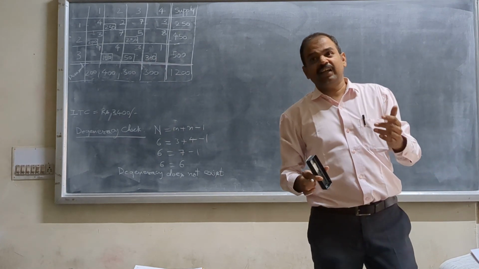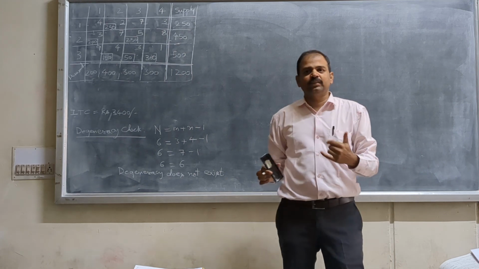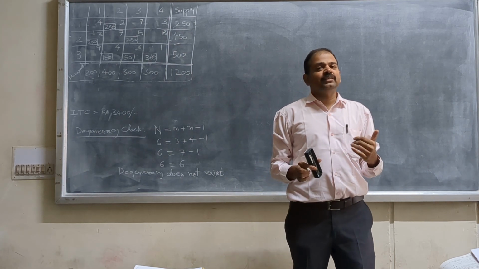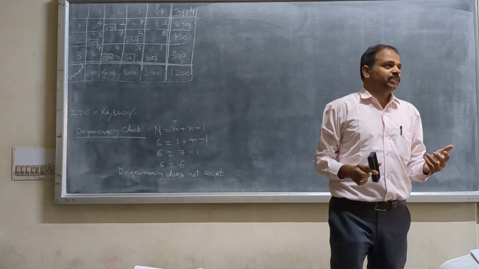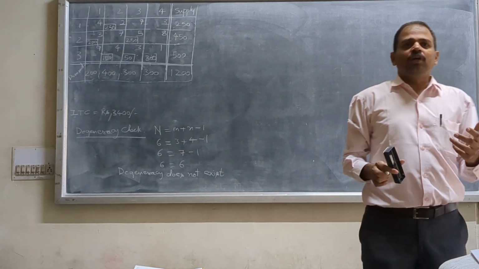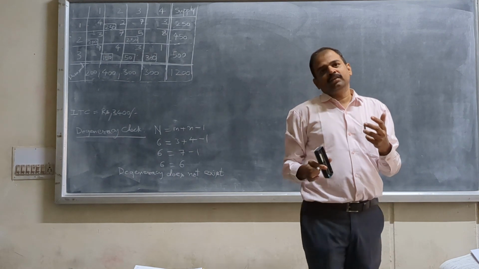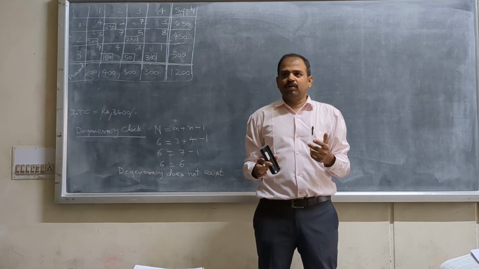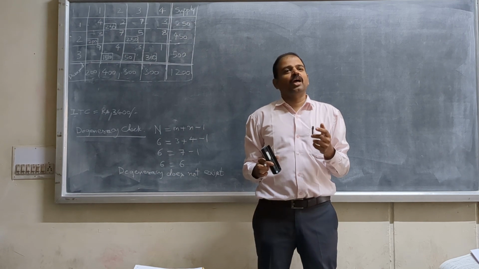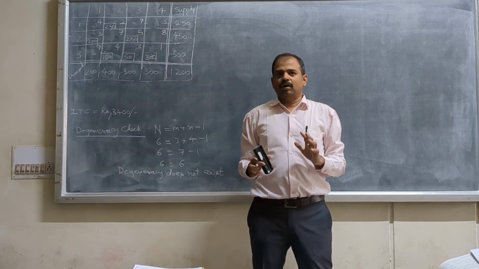Now we will check in the next step, called the testing of optimality, or the optimality test. A tool to check for optimality is called the modified distribution method, or shortly the MODI method.